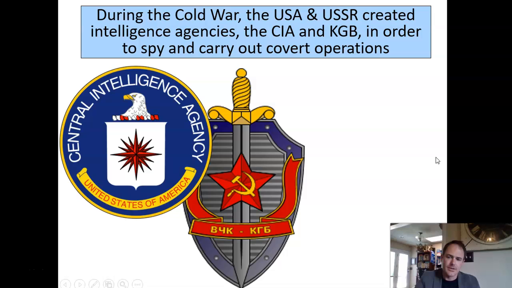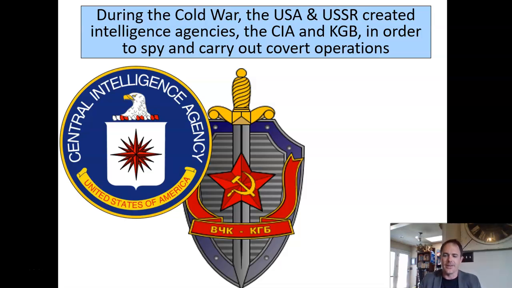All right. Also, these two sides are fighting each other through intelligence agencies, the CIA in the United States and the KGB in the Soviet Union. Now, these are foreign intelligence agencies. The CIA operated in foreign countries gathering intelligence for the United States.